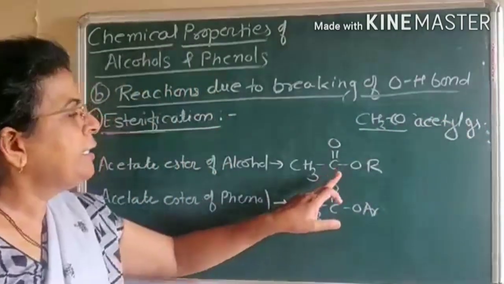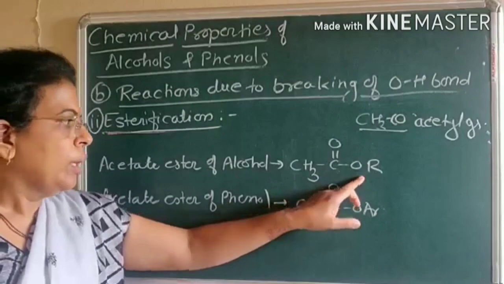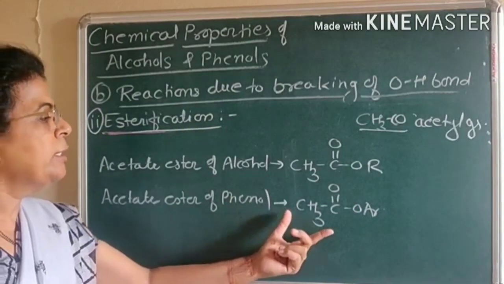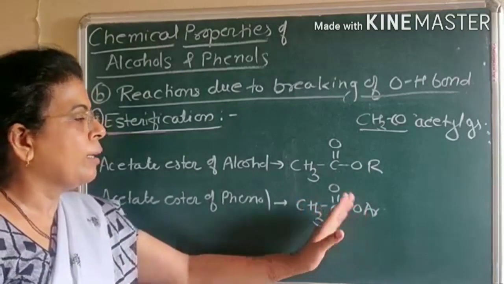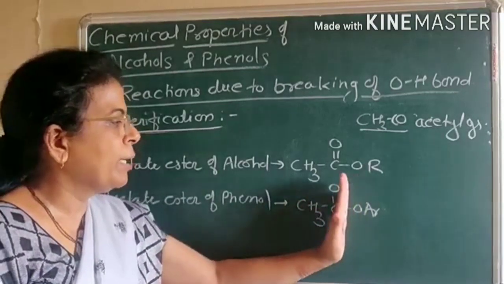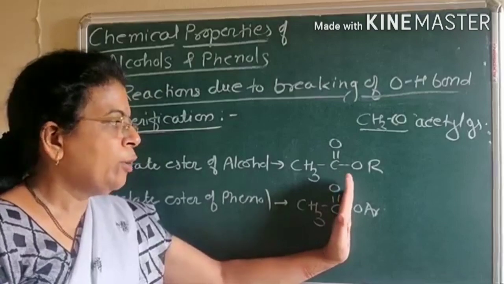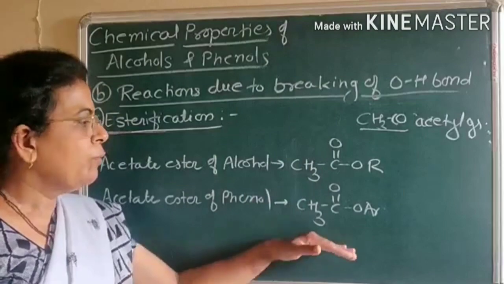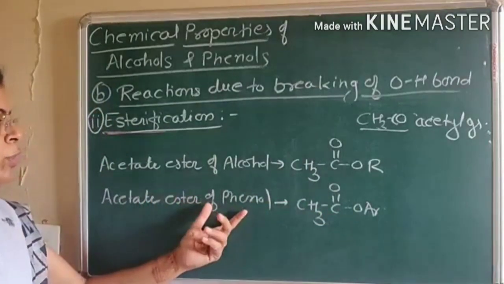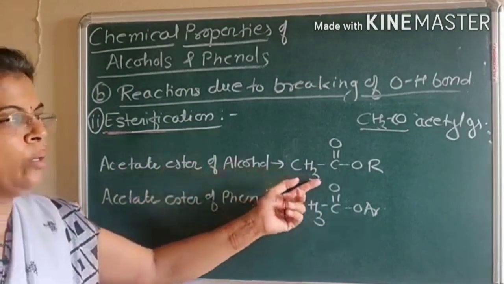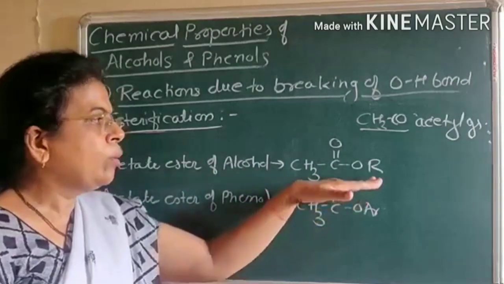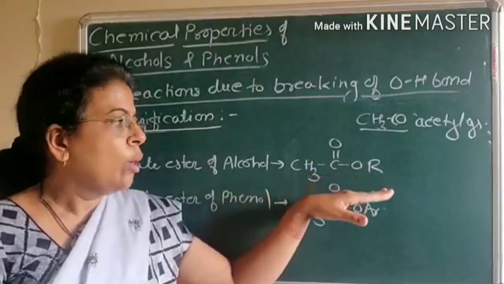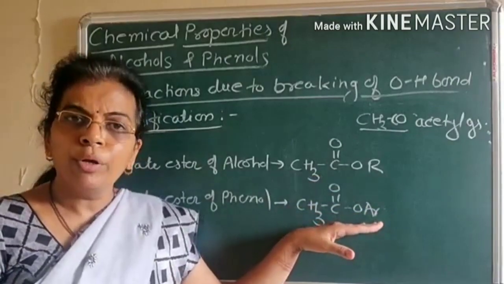Similarly, the acetyl derivative of phenol is CH3 C double bond O R, where this is from the phenol part, that is ArOH, and the hydrogen atom from phenol is replaced by the CH3CO group. Therefore it is the acetate ester of phenol or the acetate ester of alcohol. These are named acetyl derivatives of alcohols or acetyl derivatives of phenols.